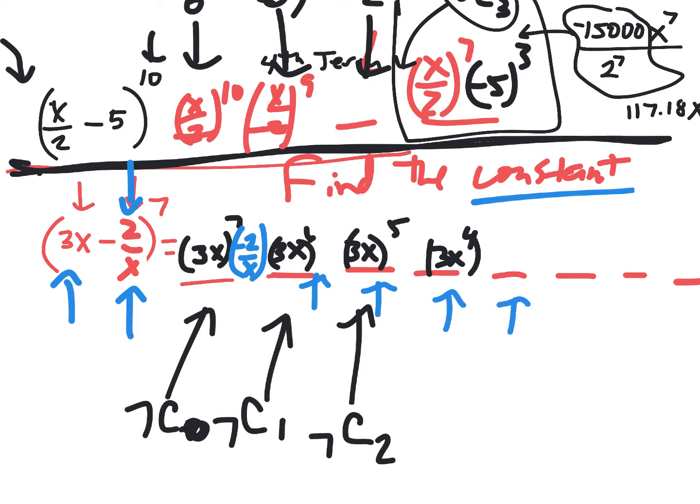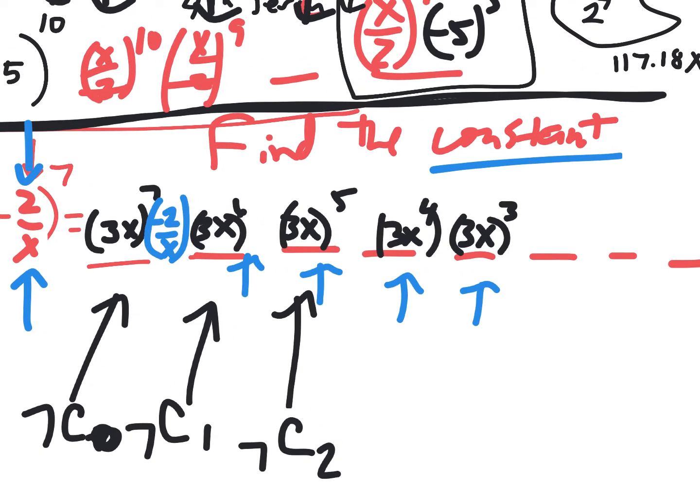This one is going to be 3x to the 3rd, and then the blue part is going to be 2 over x, negative 2 over x to the, I hope it's to the 3rd, is it?